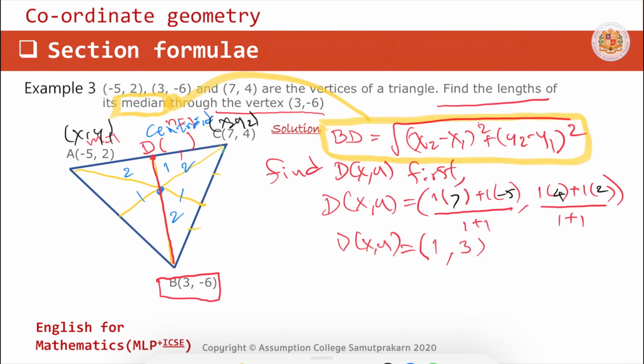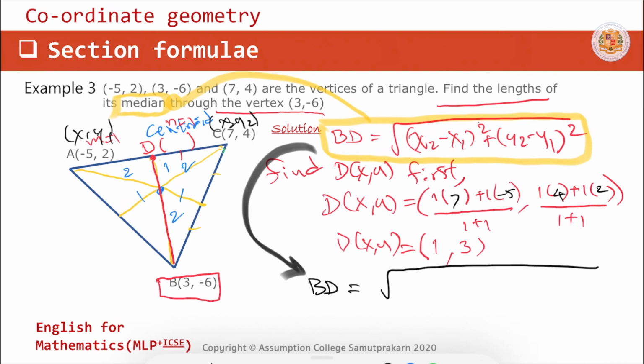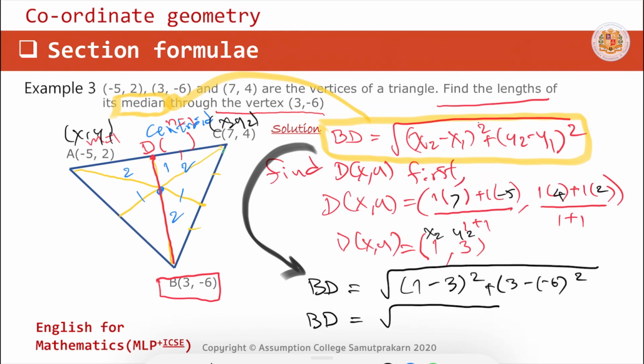So BD equals the square root of (x2 minus x1) squared plus (y2 minus y1) squared. x2 comes from D, so x2 is 1 minus x1, which is from B, is 3, squared, plus y2 minus y1 squared. So BD is the square root of (-2) squared is 4, plus that one goes to 9, and 9 squared is, oh, is it 9?